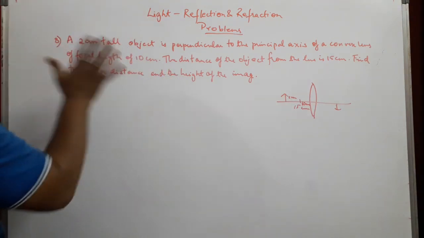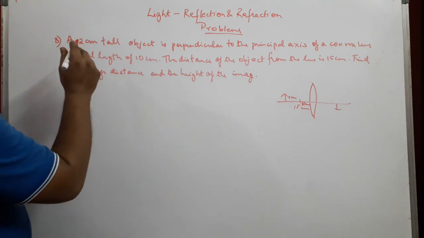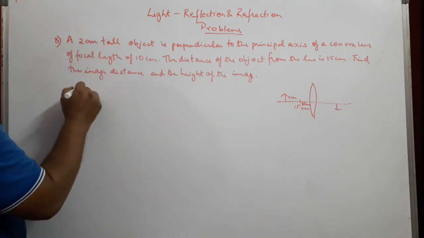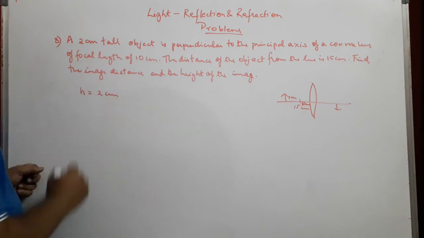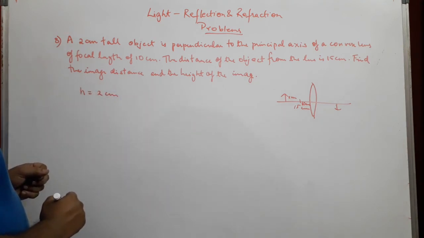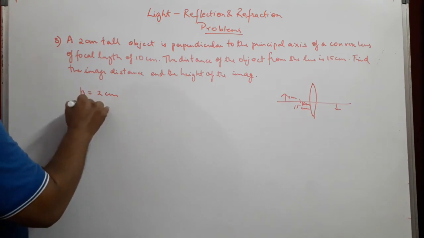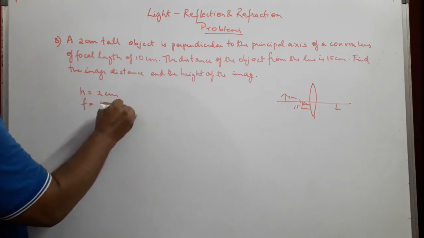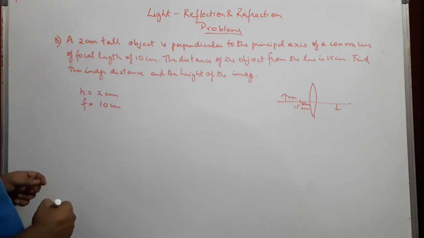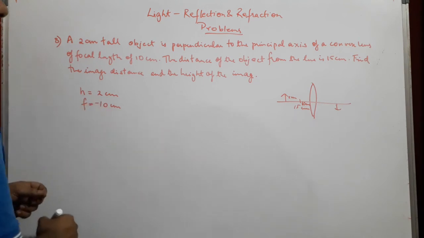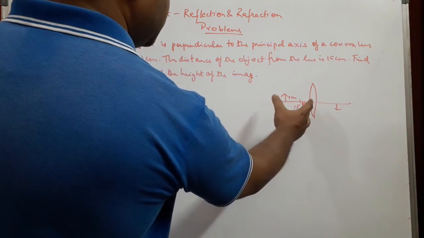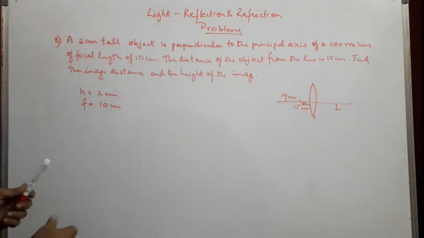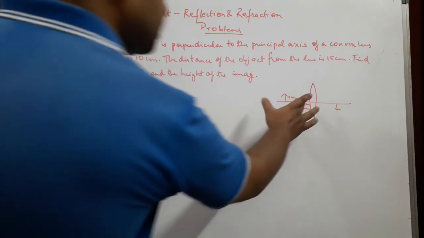Let's write down what we have been given. We are given a 2 centimeter tall object, so h is equal to 2 centimeters. We are given the focal length, which is 10 centimeters. The focal length will be positive, because the image is formed on the other side, not here.